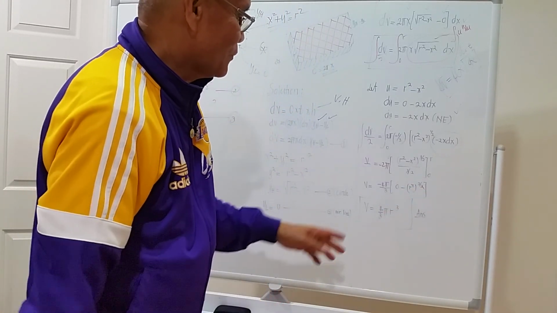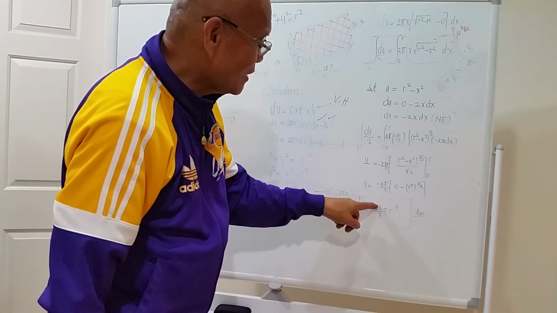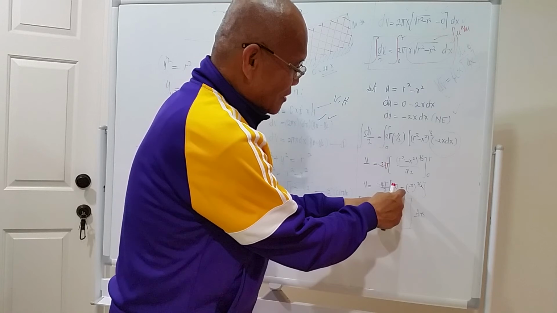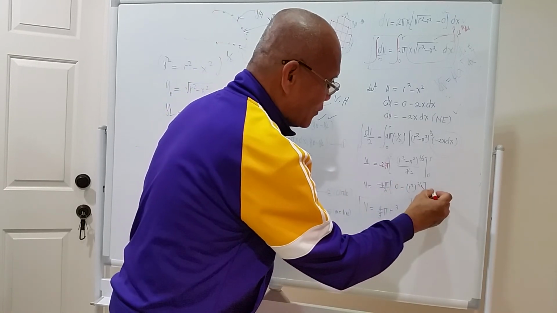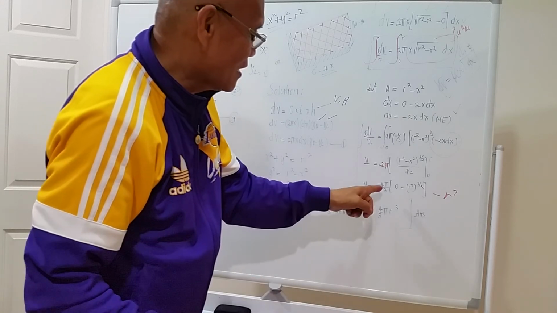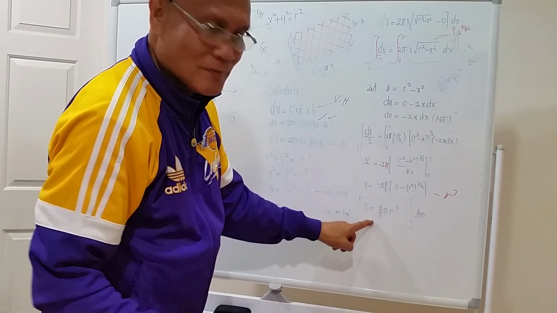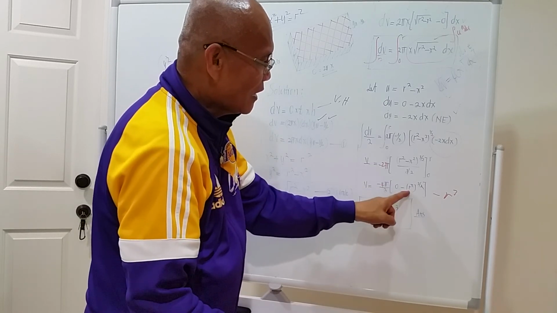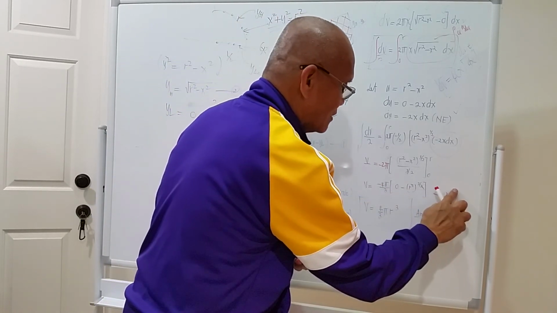So what will come out? Negative 4 pi over 3 times negative r cubed, r to the 3rd power. So this is negative, it will now be plus. So volume now will be 4/3 pi r cubed. This is r cubed, guys, r cubed.